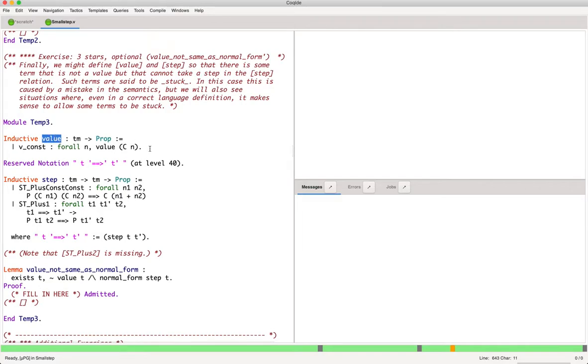So it should be fairly obvious that there's some terms that are not values.